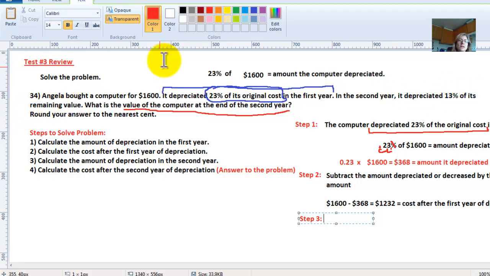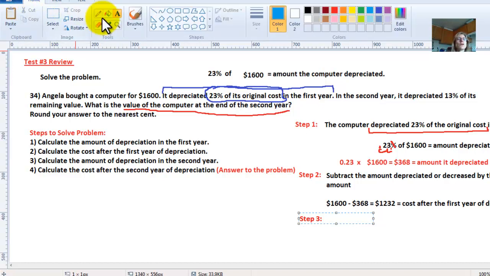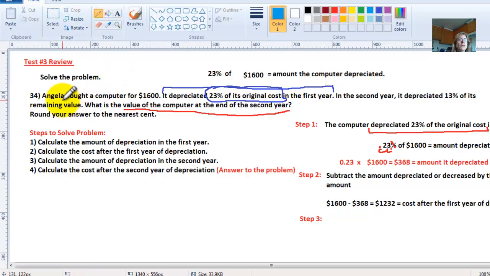And this is the key phrase, remaining value, because that is not the original amount. It is our new value after the first year. So the remaining value is $1,232.